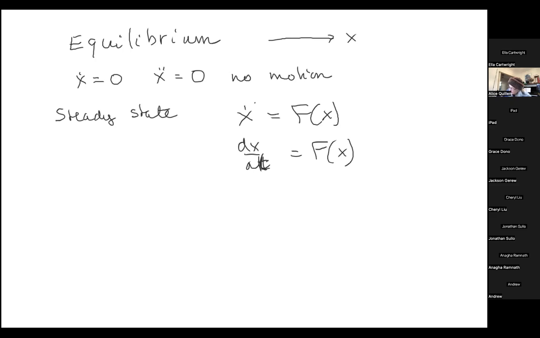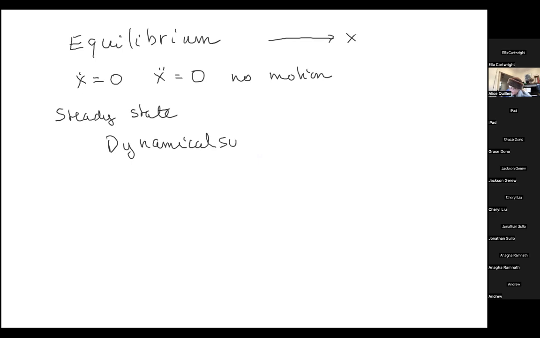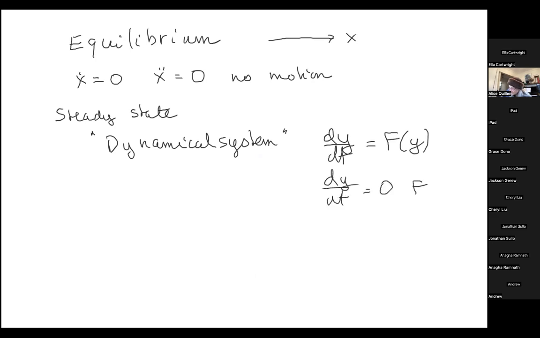Let's use a different symbol for what's called the dynamical system. We'll call it y. So dy dt is equal to some function of y. And then an equilibrium point is dy dt equal to 0, which is equivalent to saying f of y is 0.